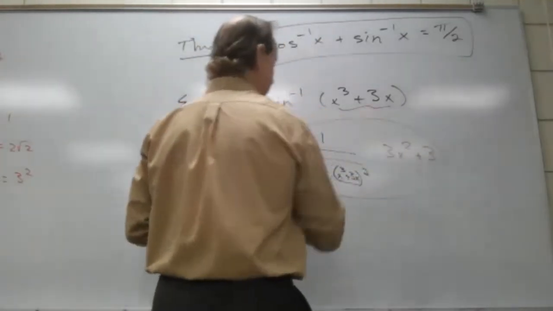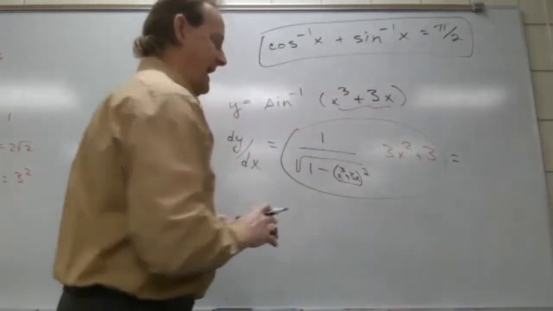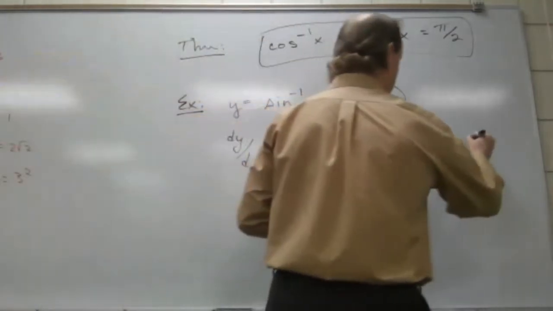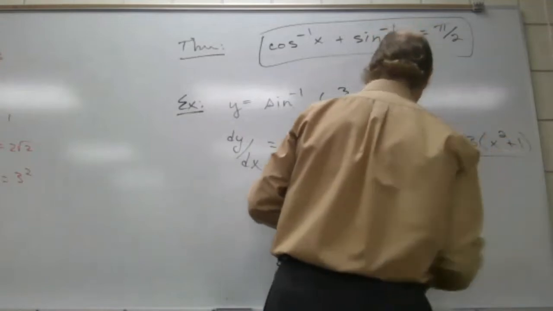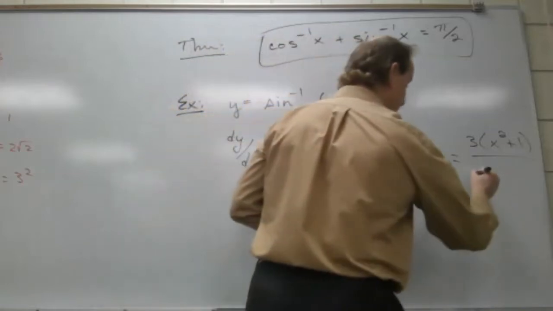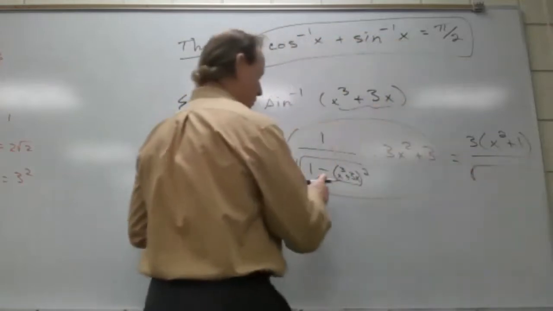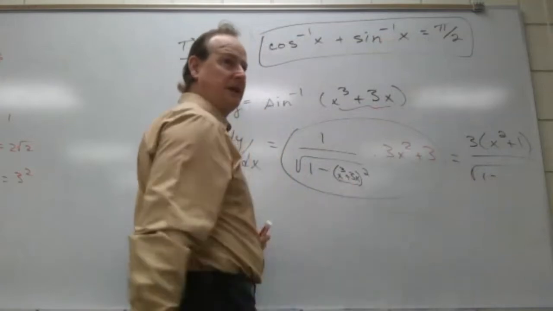So this is good here. Obviously, we could rewrite this a little bit simpler, and if you want to factor on top, you can. I can pull a 3 out, and I'm left with x squared plus 1. Sum of 2 squares does not factor. All over, and do I need to multiply this out here? I don't really need to, do I?